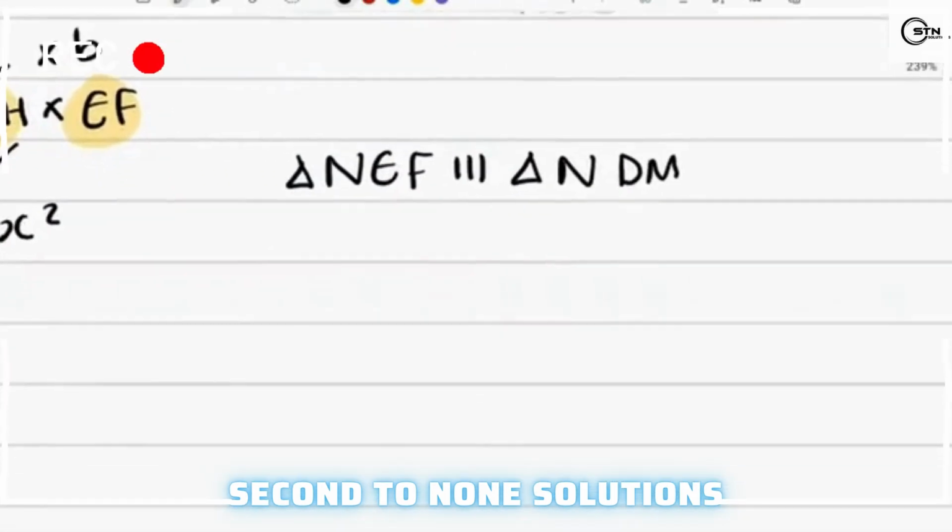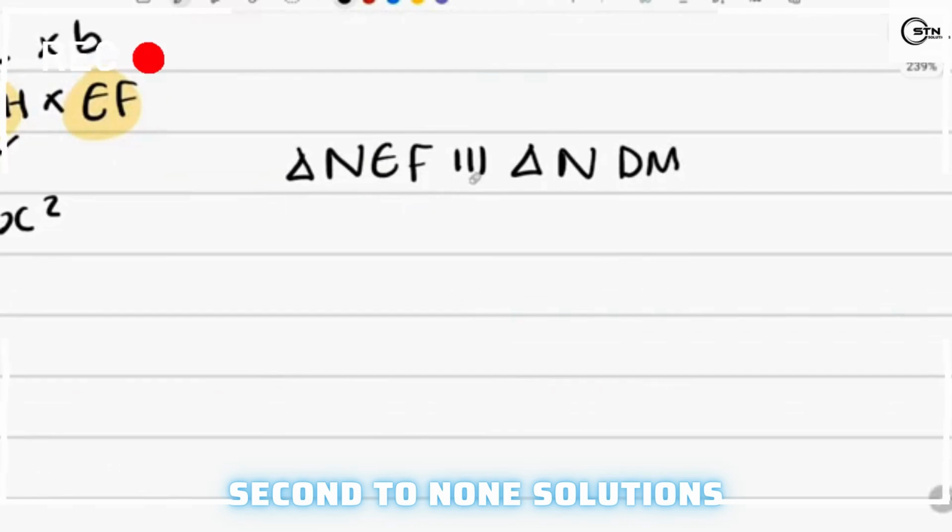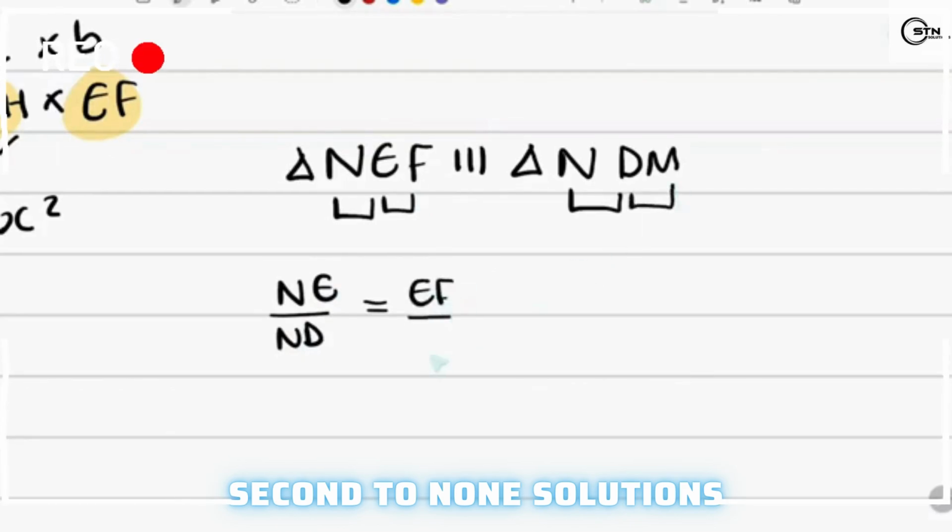When you have two triangles being similar, the sides are going to be in proportion in this way. So you see NE over ND would be equal to EF over DM, and that would be equal to NF over NM.